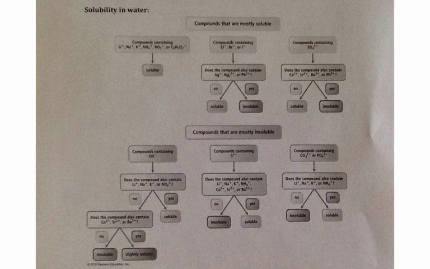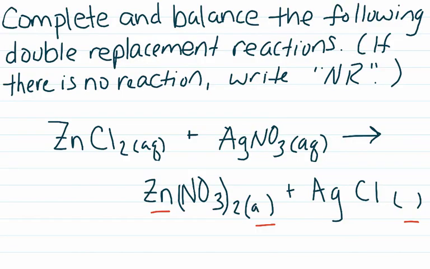So our first compound was zinc nitrate. So we look for either zinc or nitrate. Nitrate is right here, and everything that combines with nitrate is soluble. If it's soluble, then we give it the state aqueous, or AQ. So we'll write that here, aqueous.